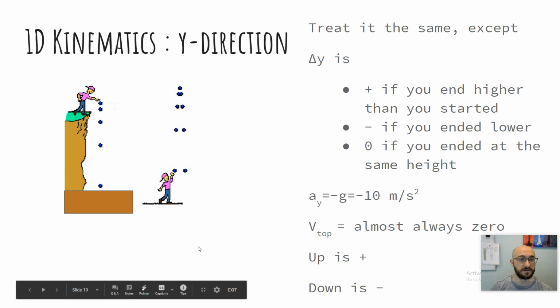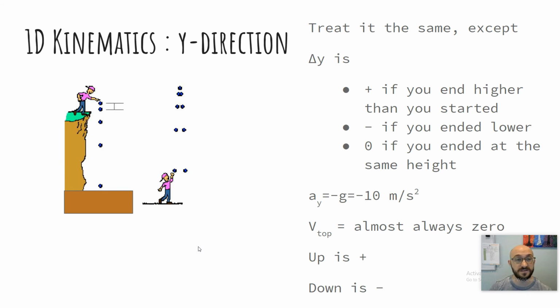So for instance, here on the left, there I have my first displacement for the first second. That's a negative displacement. From the beginning to the second, negative displacement. From the beginning to the third second, that's a negative displacement. From the first second to the last second, that's a negative displacement.